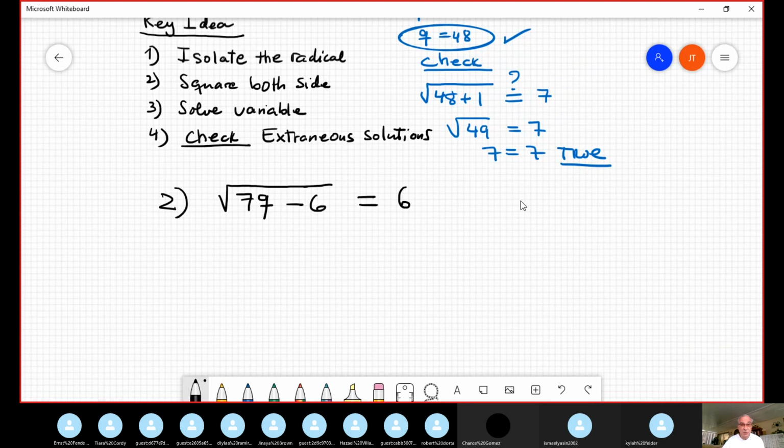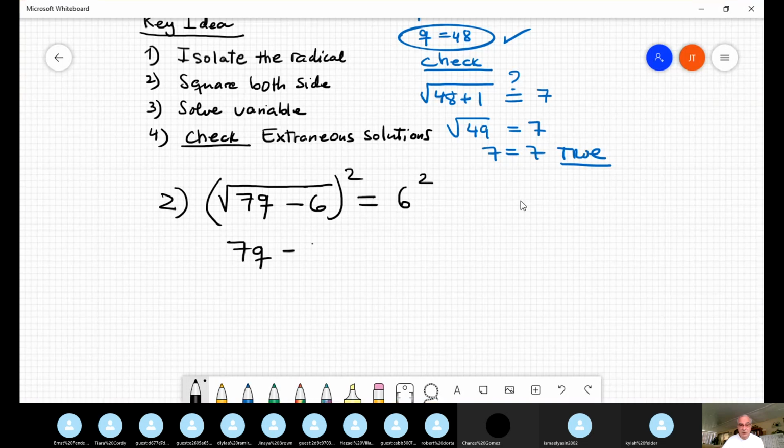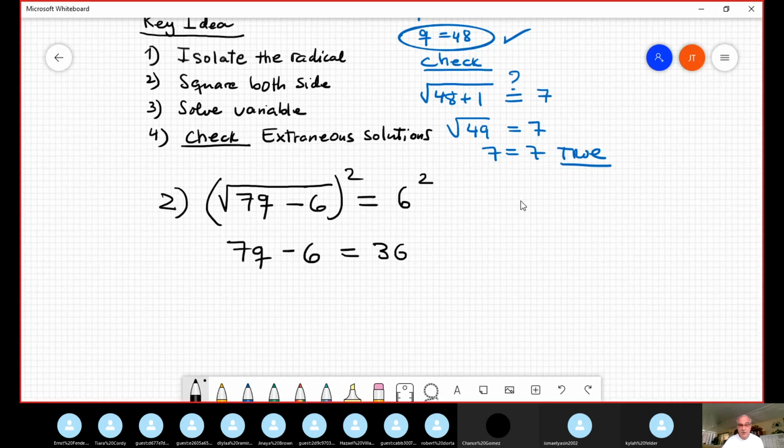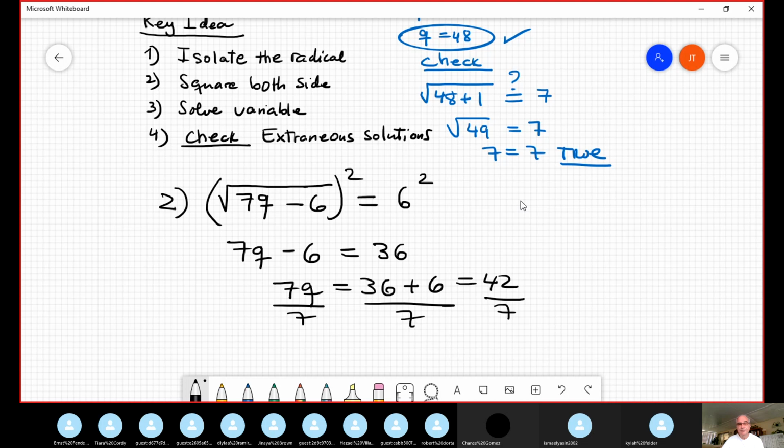Square both sides. 7q minus 6 without radical equals 36. It's 6 times 6. 7q is equal to 36 plus 6 is 42. Divided by 7. Q is equal to 6.